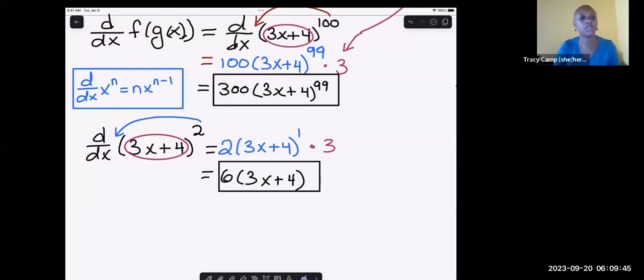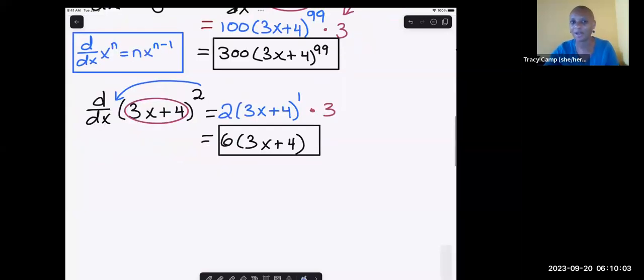Also, you can use the chain rule with any of the rules. In this case we used the chain rule in conjunction with the power rule, but you can use it with the other rules that we've looked at so far too.